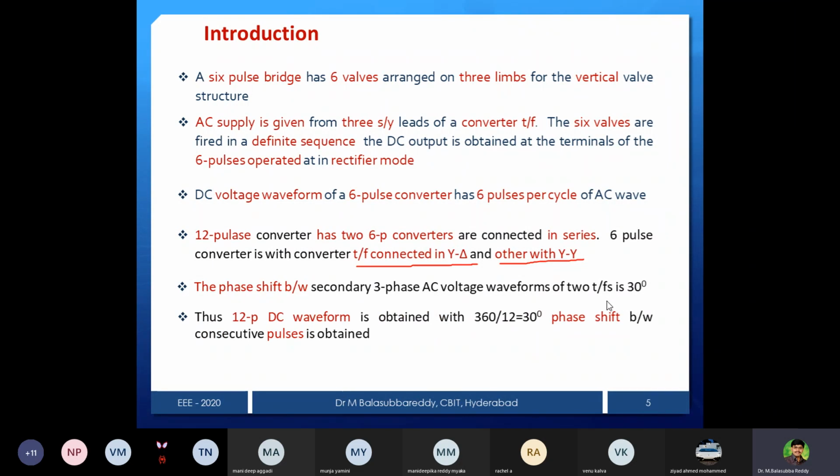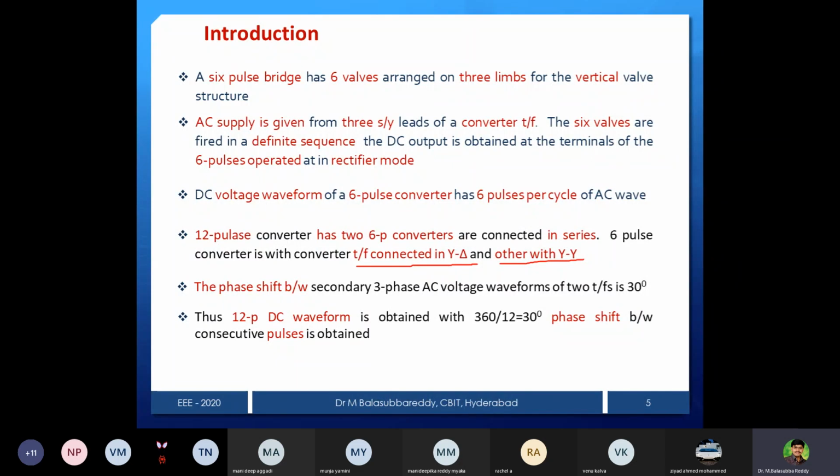So for the DC waveform, once we are using a 12 pulse converter, you will get a 30 degree phase shift. Each pulse will be conducting for 30 degrees, that means 360 by 12, which gives 30 degrees, whereas in the 6 pulse converter 360 by 6 gives a 60 degrees duration.